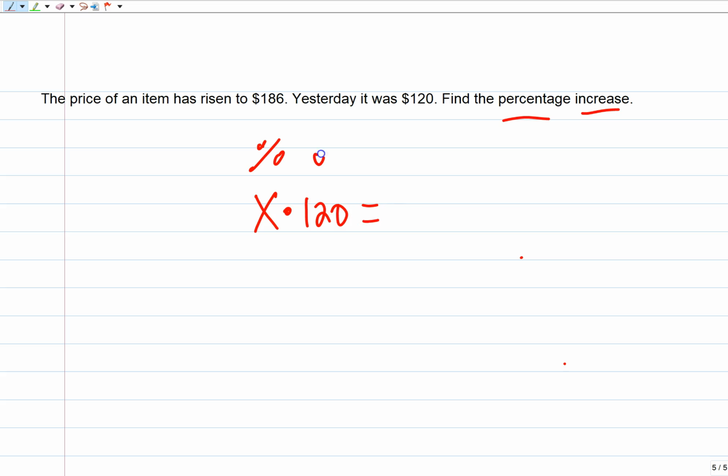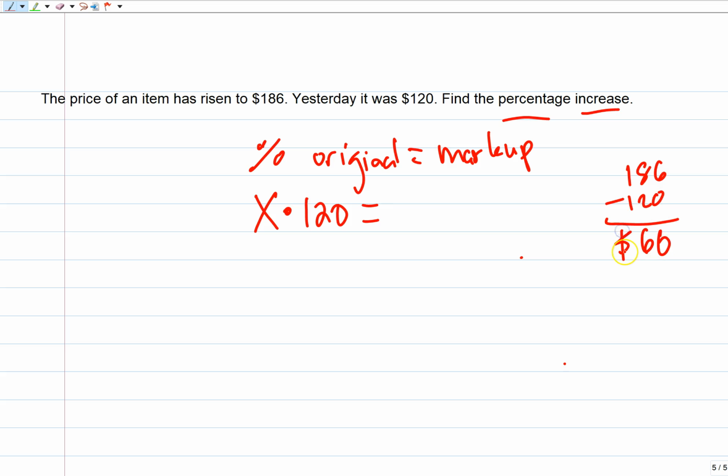Is equal to, what is the markup? Well, it went from 120 to 186. So 186 minus 120, it was marked up $66. Something that irritates me is I will have a lot of people go, oh, it got marked up $66, so that is 66%. That is not true. $66 is not always 66%. Okay, it's how much was it marked up from the original.